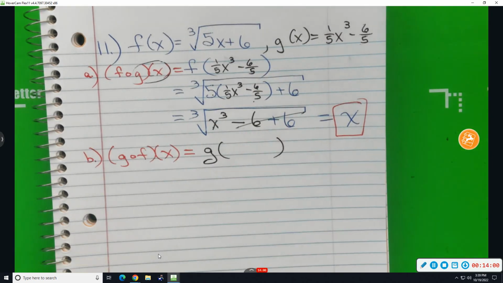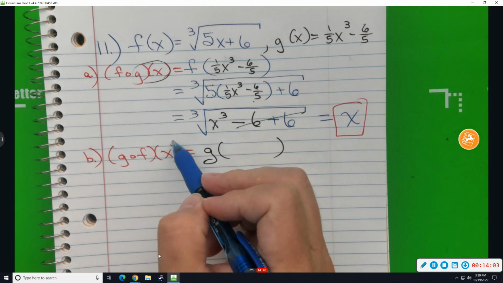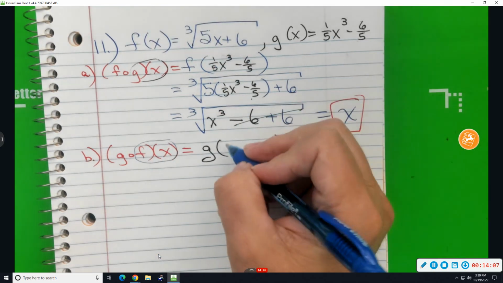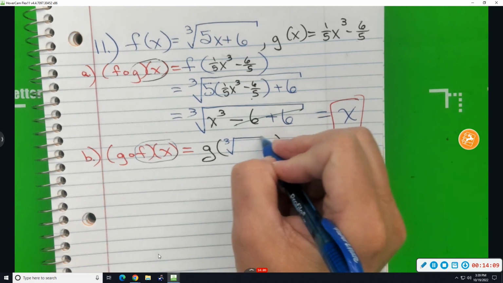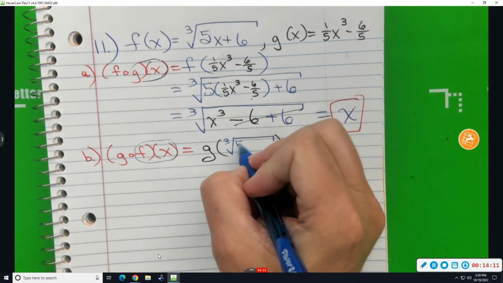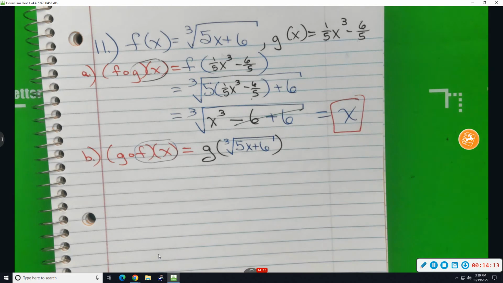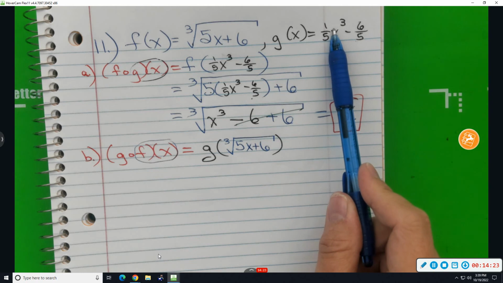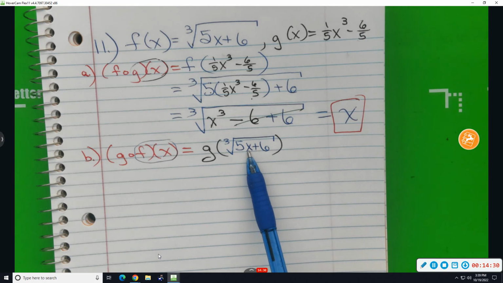And on the inside we have f of x, which is the cube root of 5x plus 6. So this says go to function g, and wherever you see a variable, right there, replace it with the cube root of 5x plus 6.